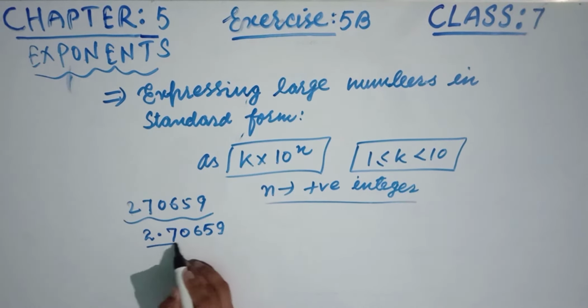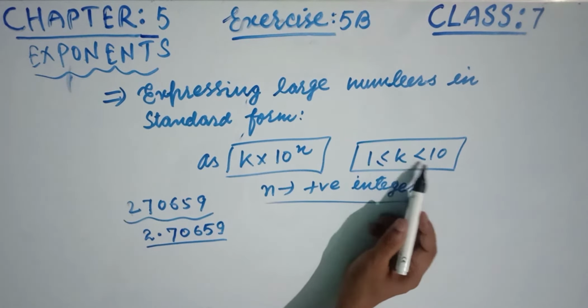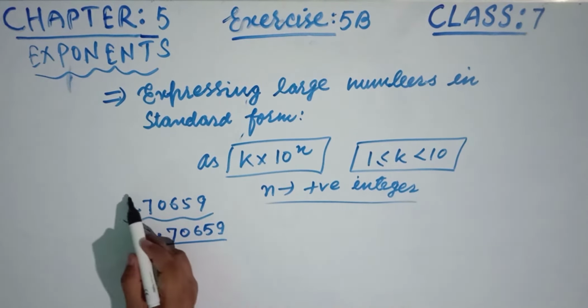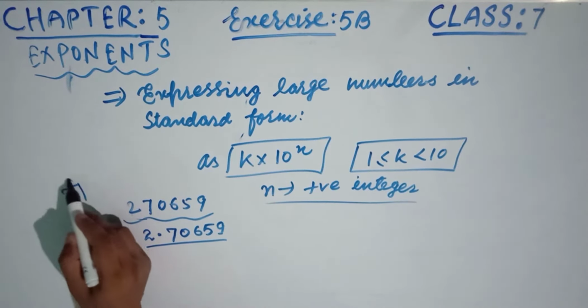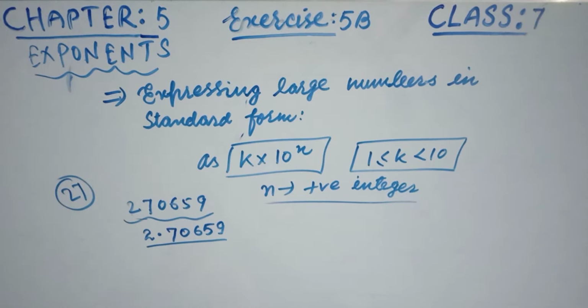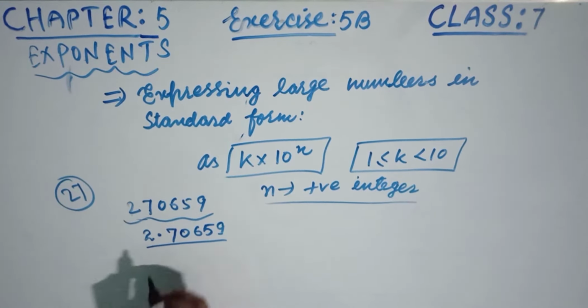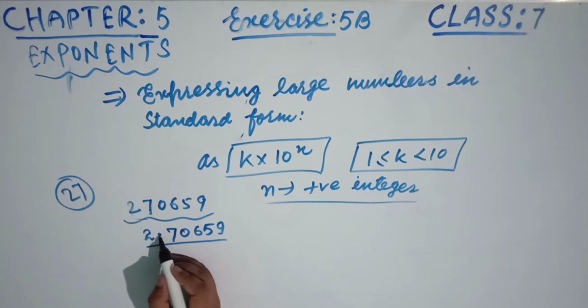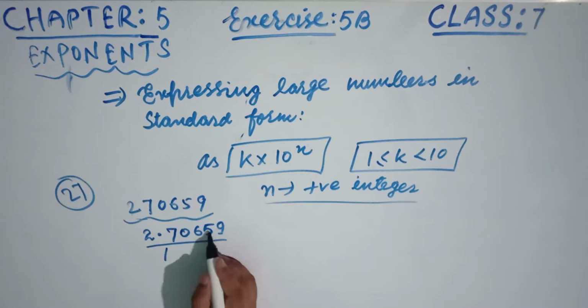That means, friends, k should be greater than or equal to 1 but less than 10. So if we combine these two digits, 27, this is greater than 10. So we have to take only one digit and then write the decimal after one digit. And see, if you write the one digit, that means 1 2 3 4 5 times 0, friends.